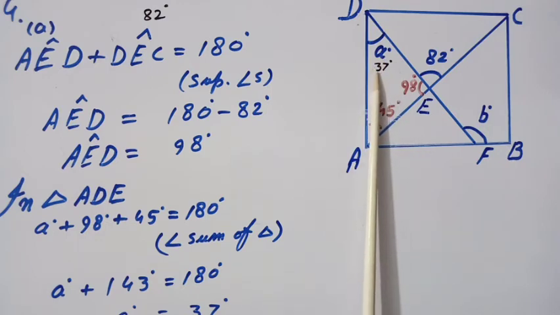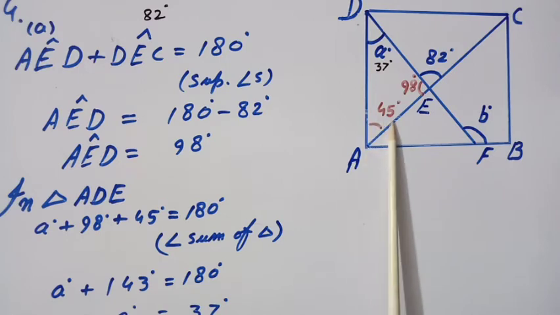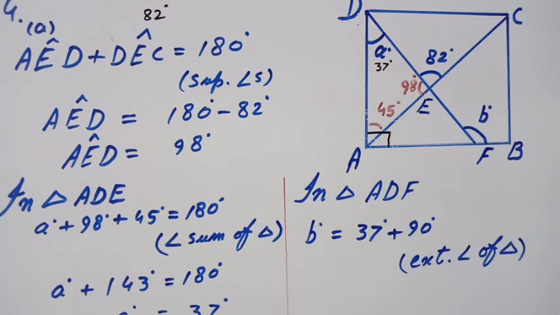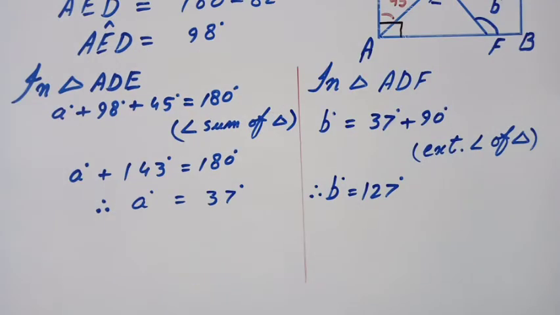Over here this 37 and this angle of 90 degree are the opposite two interior angles. So 37 plus 90 would be equal to B, right? Now summing up 37 and 90, it would be 127. So B is equal to 127. Hence we have found the angle B, which is equal to 127 degree, right?